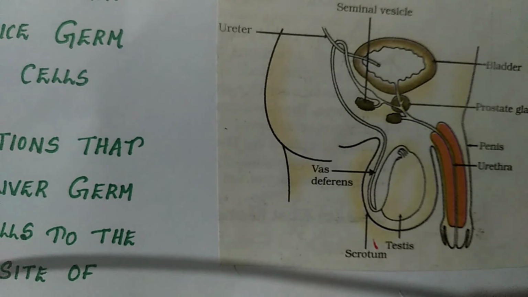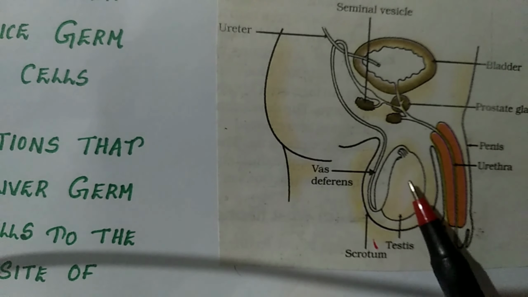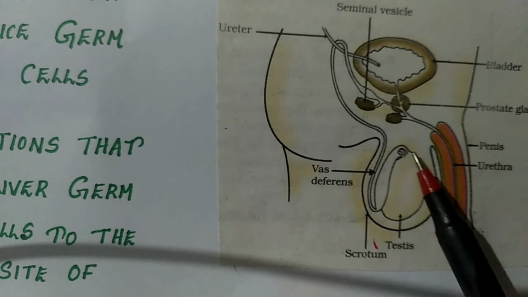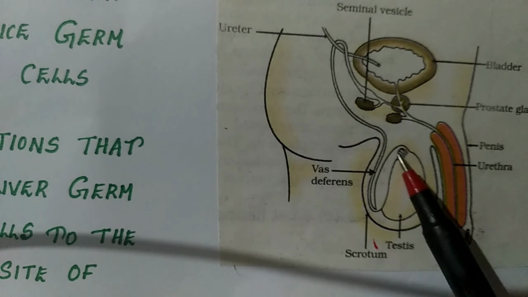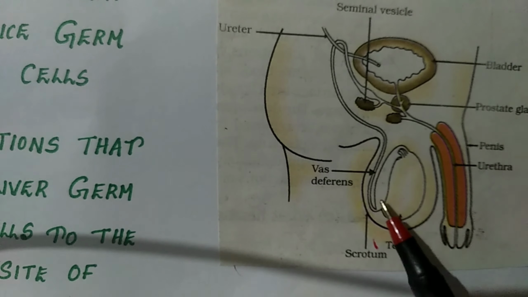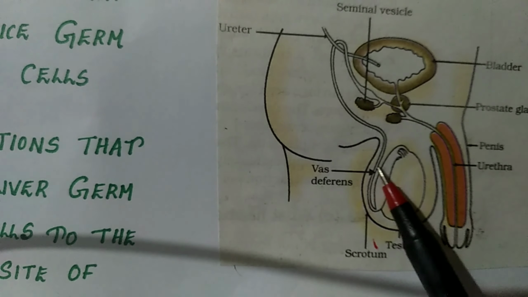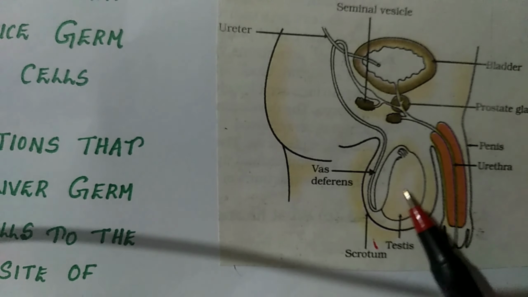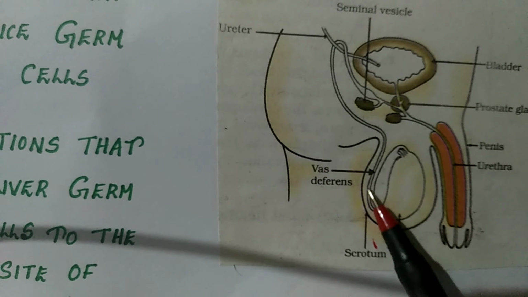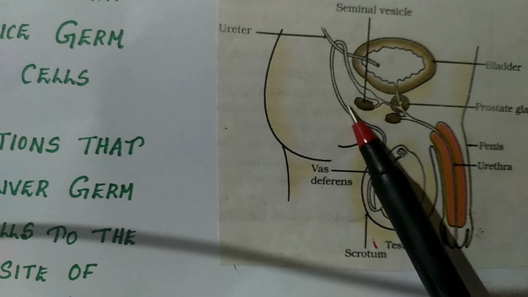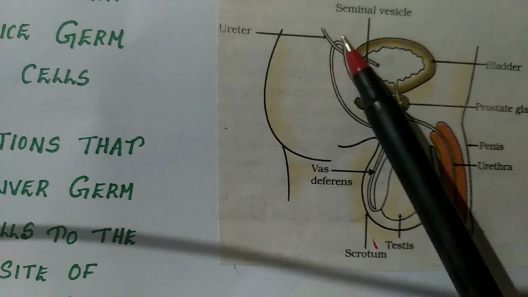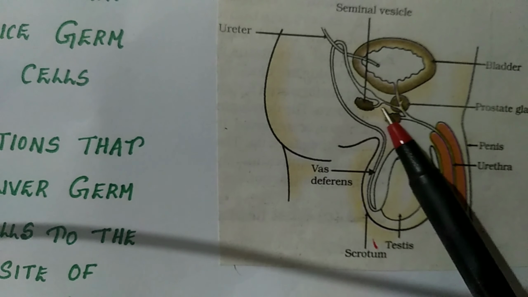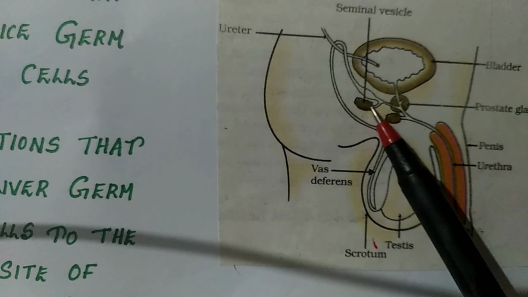Now the next is the vas deferens. You can see a small tube arising from inside the testis. You can see the connection and how it moves. This is the vas deferens, which carries the sperm. The sperm released by the testis is carried through the vas deferens, and you can see the path here, and it reaches a part called the seminal vesicle.